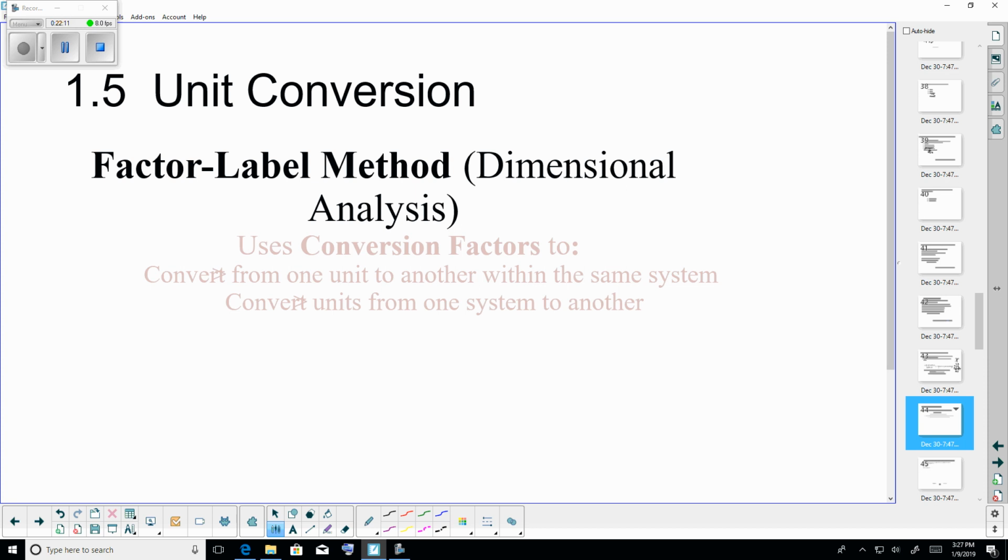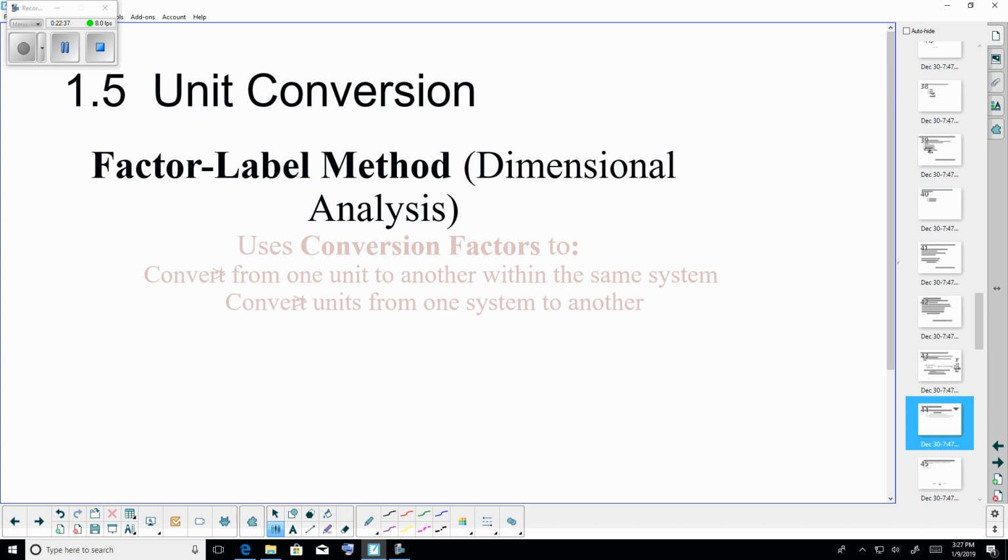Very important topic. If you can learn this, you'll be successful, I dare say, through most of the course. Unit conversions. The factor label method, also known as dimensional analysis. If any of you are in the nursing programs, when you go into the nursing school, it's also known as dose calc.